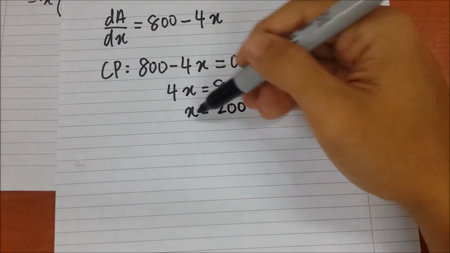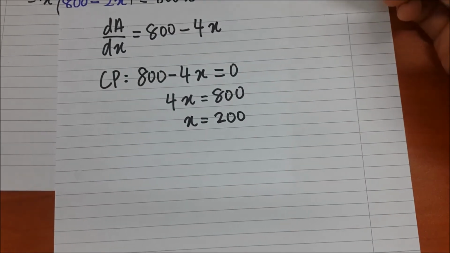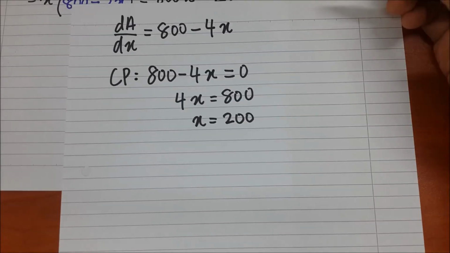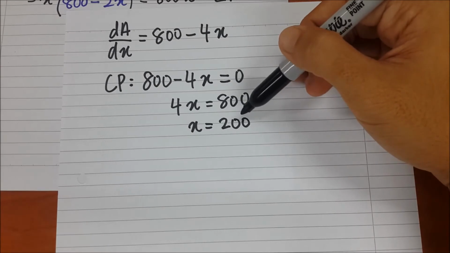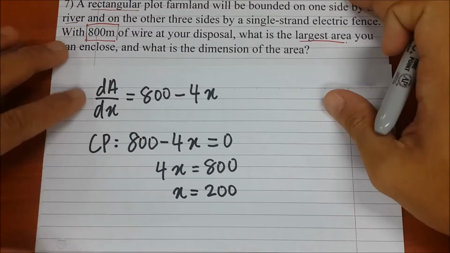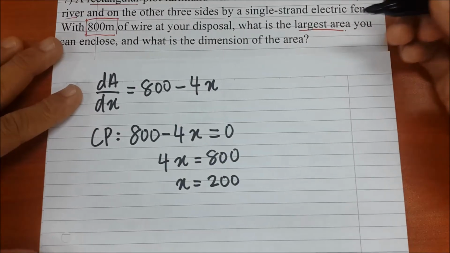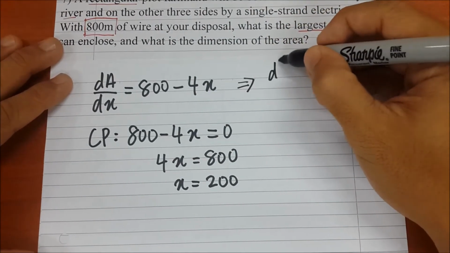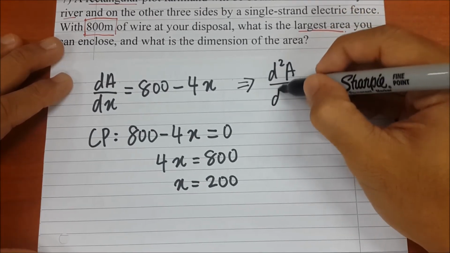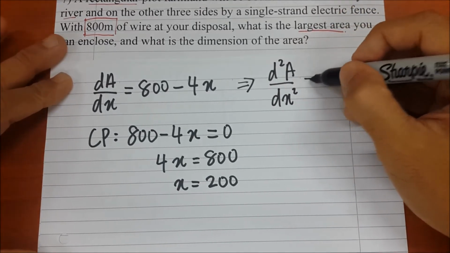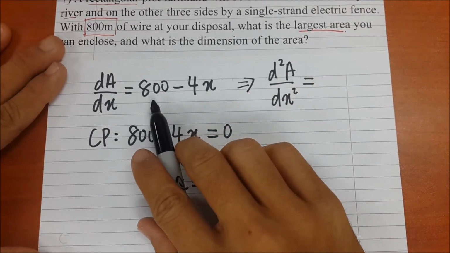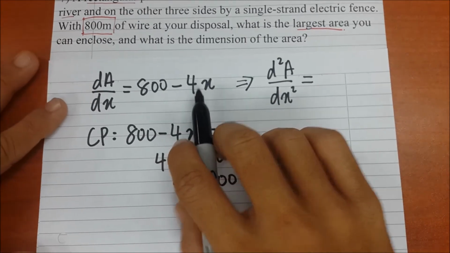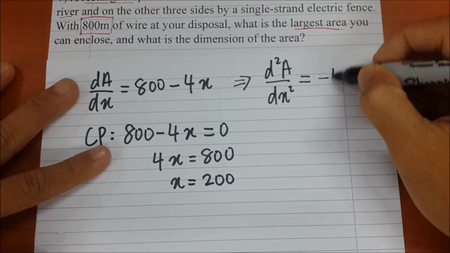Alright, so at this particular critical point, what would be the shape of the graph? Right, so we need to know whether it gives you the maximum or minimum value of A. Right, so we have dA/dx equals 800 minus 4X. From here we get our second derivative of A with respect to X: the derivative of 800 is 0, and the derivative of negative 4X is negative 4.